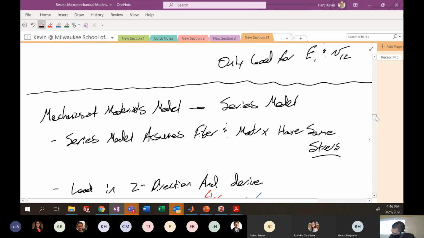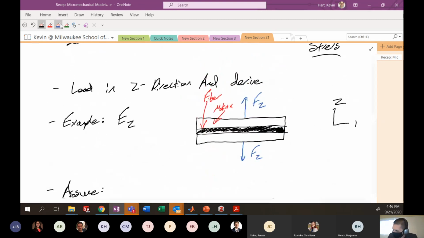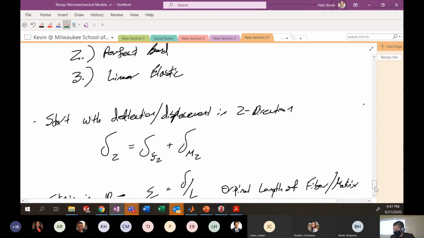What do I mean by that? If we go back up to this model here, here's the thickness of the fiber. And then the total thickness of the matrix is what we consider here. So this guy would be half of it, and this guy would be the other half. So the total thickness of the matrix would just be Tm.